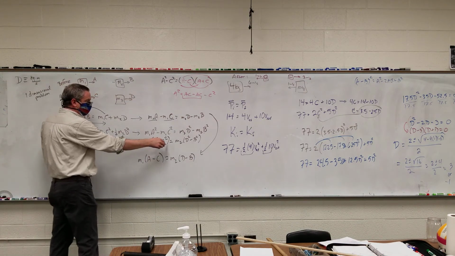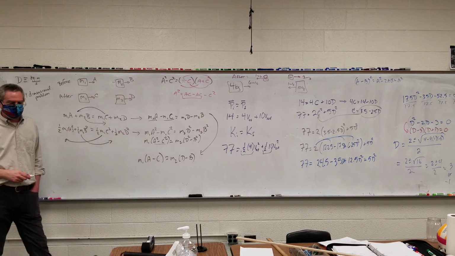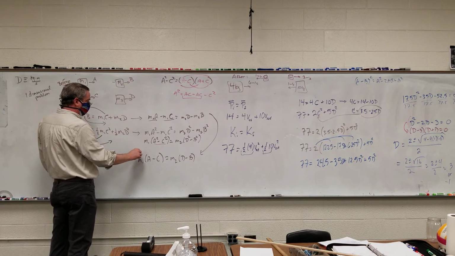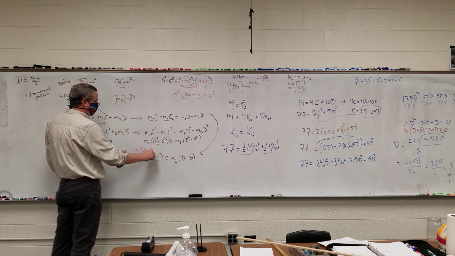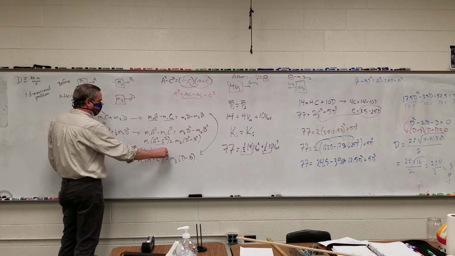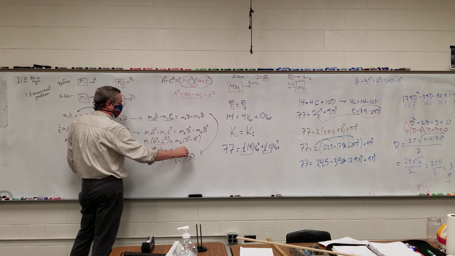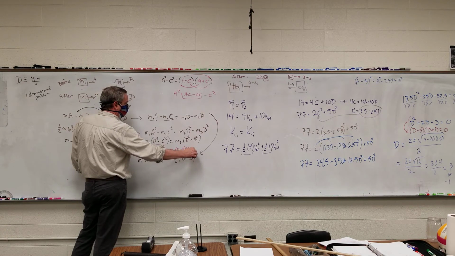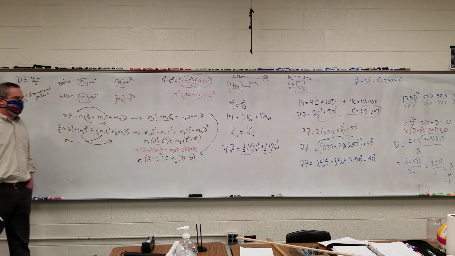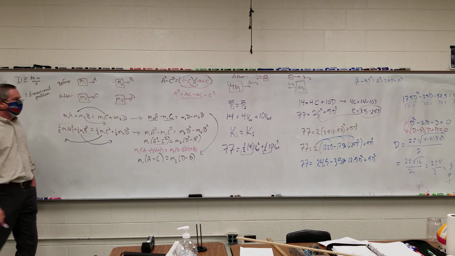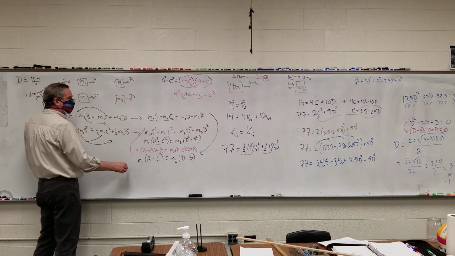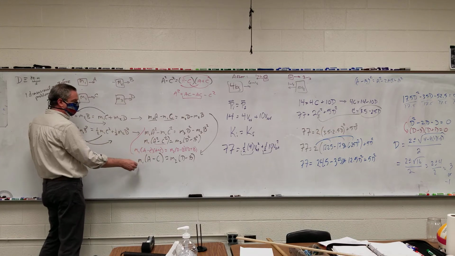So this right here, I have a difference of perfect squares, will factor very nicely, and I'm left with M1 times A minus C times A plus C equals M2 times D minus B times D plus B. So all of these go together, and that top one becomes this one right here.